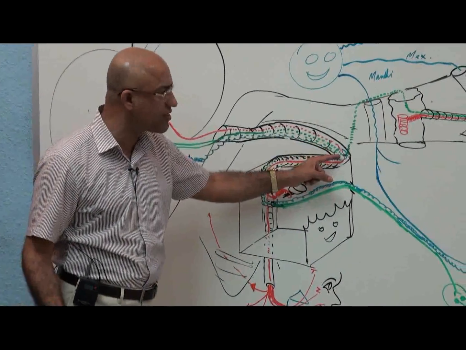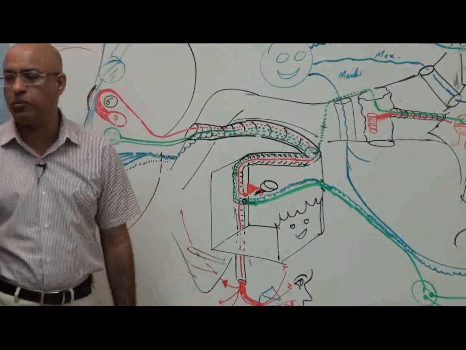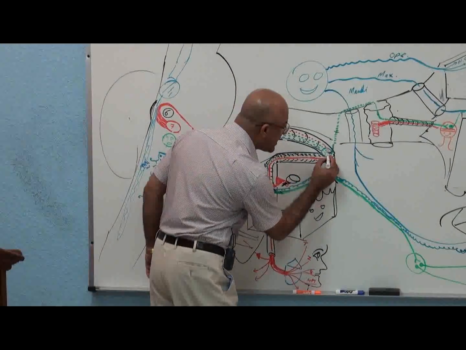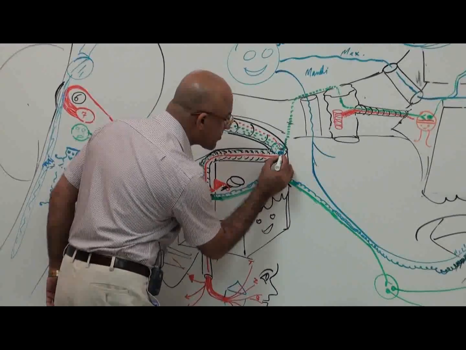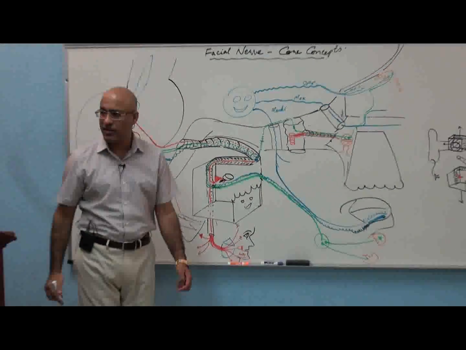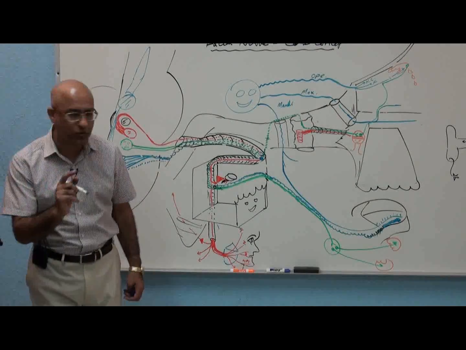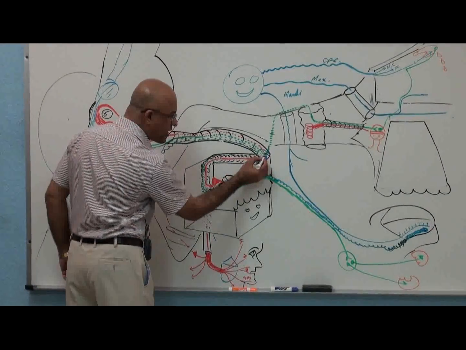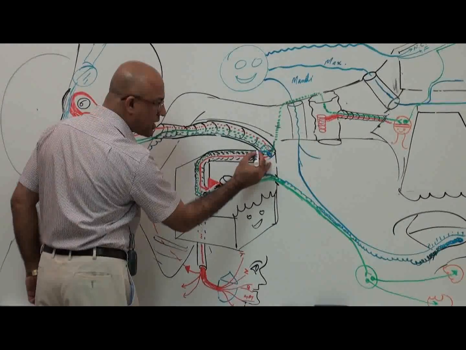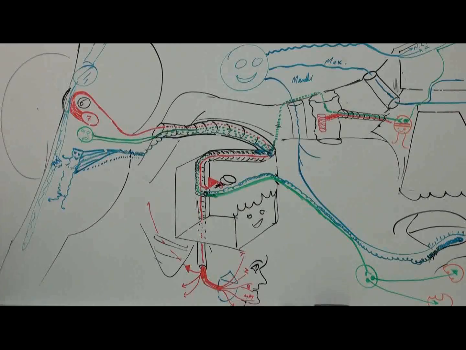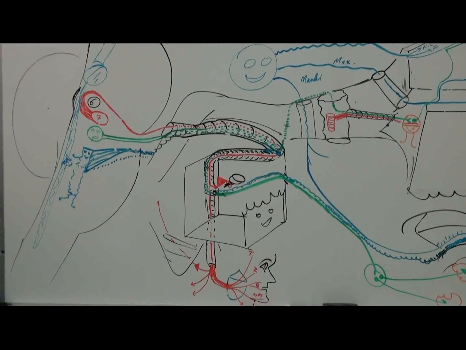Taste fibers are passing through the geniculate ganglion. Now this is the point to remember. The geniculate ganglion has the cell bodies of these taste fibers, and from these cell bodies, peripheral processes go to the tongue and central processes go to the nucleus tractus solitarius.